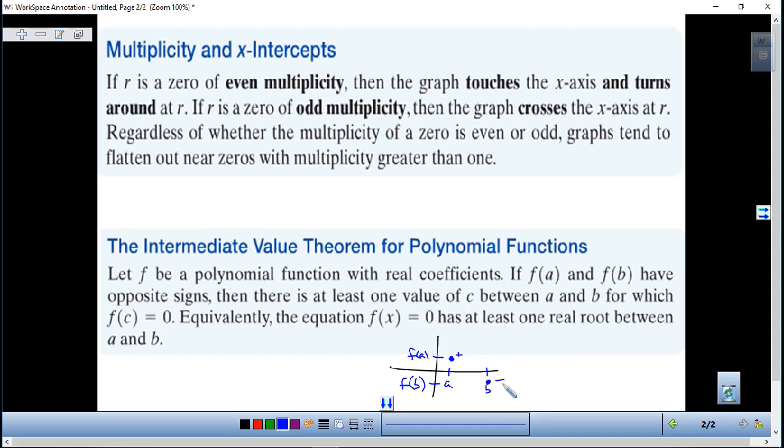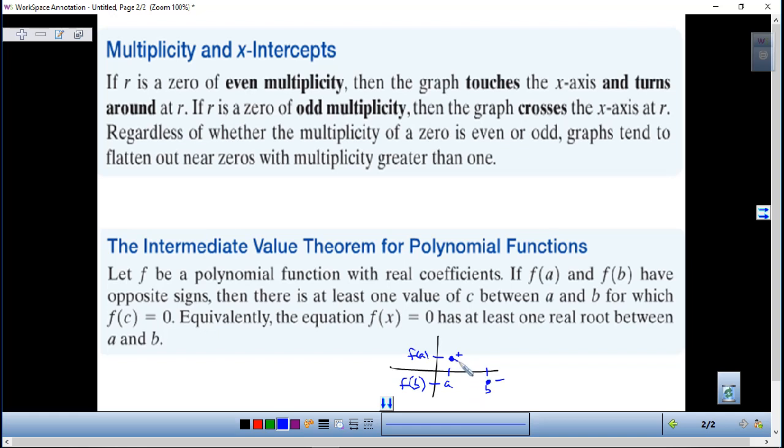This one's positive, this one's negative. With a polynomial function, what do we know? It's smooth and continuous. It doesn't have any skips or gaps or places that it doesn't occur. So what do we know? If we go from this point right here to this point right here, we have to do what? We have to cross that axis at least 1 time. Now we may do it more than once.